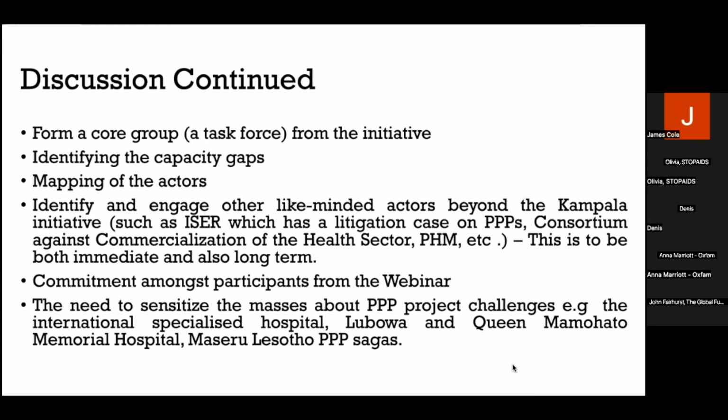And by the time anyone can see that the systems have been hurt, it is probably too late. One of the best examples I can give from my side is the International Specialized Hospital, Lubowa, and then again, Queen Mamohato Memorial Hospital, Maseru, Lesotho, where we have what I would call PPP sagas. Next slide, please.